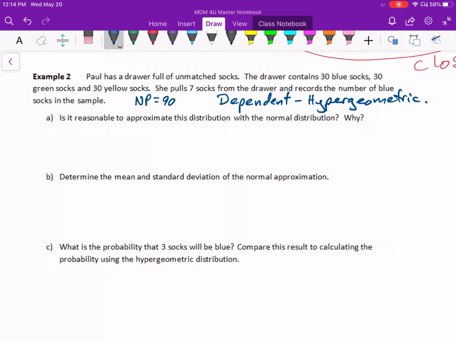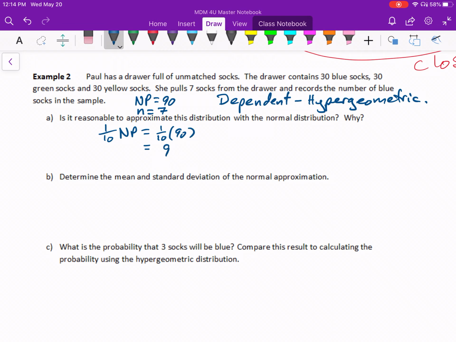Is it reasonable to approximate this distribution with a normal distribution? Well, remember what we're looking for is that we want n, which is the sample size, to be less than 1/10 of N, which is the population. So 1/10 of N equals 1/10 of 90, which equals 9.